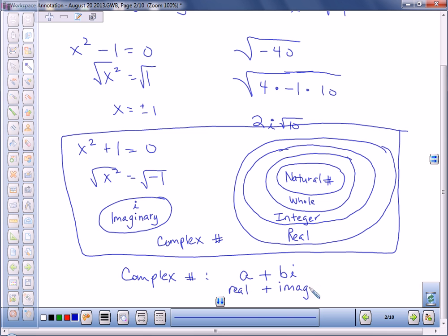So a complex number contains both parts, a real part and an imaginary part. Okay, so for example, 2 plus 3i is a complex number. It has a real part and an imaginary part.